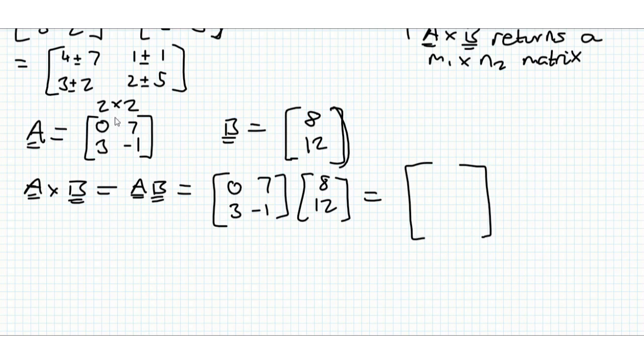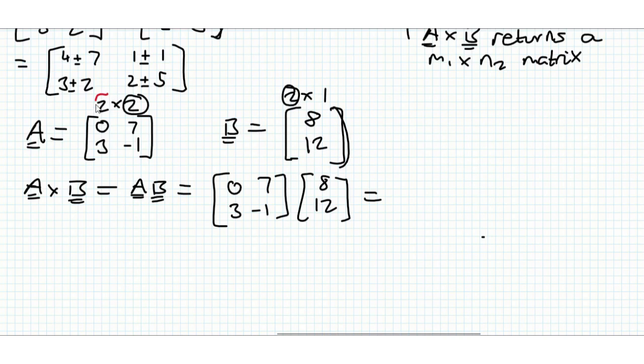This is 2 by 2, this is 2 by 1, so these match, and that's what we want. Remember the size of the matrix that we return is given by these two, so that is in fact a 2 by 1 matrix. I still might want to make this a little bit bigger, just for the method.